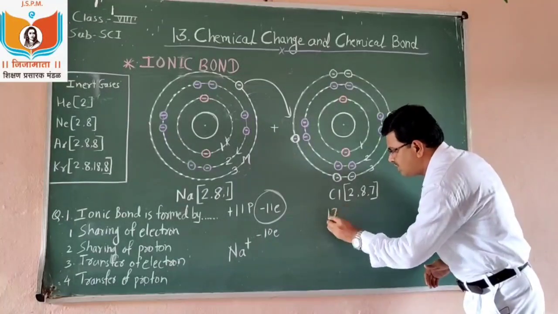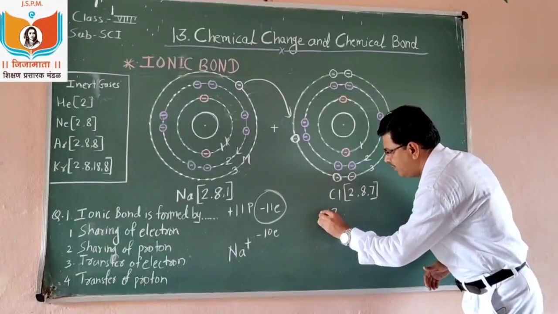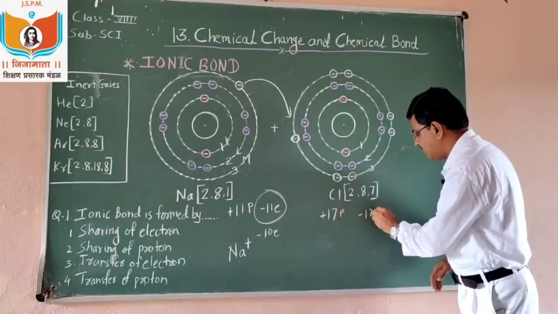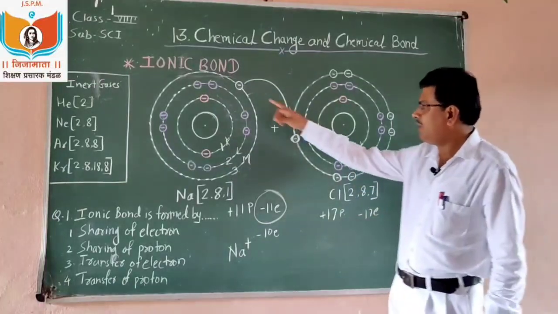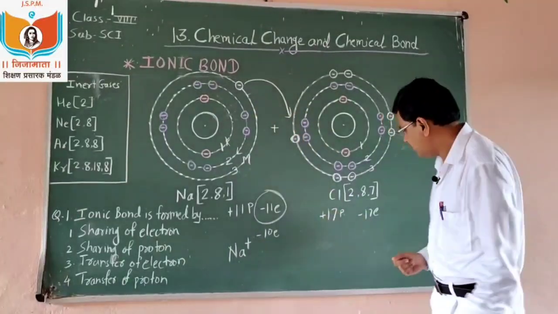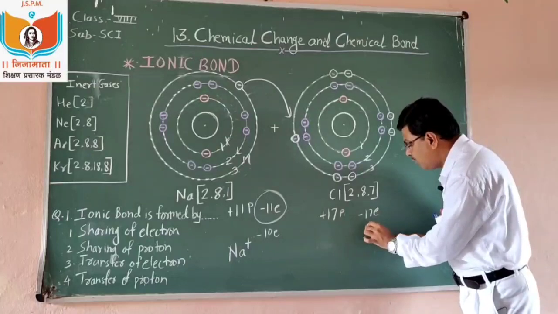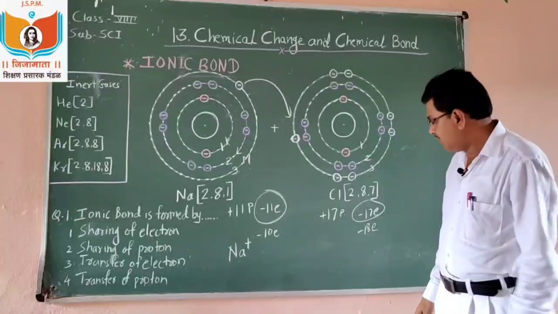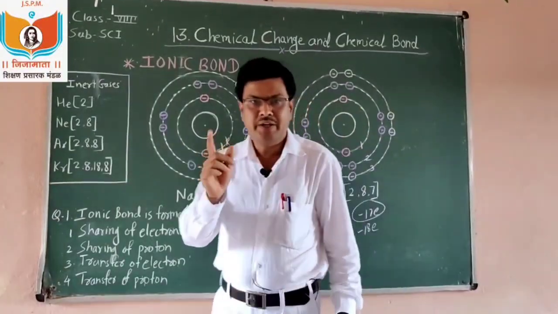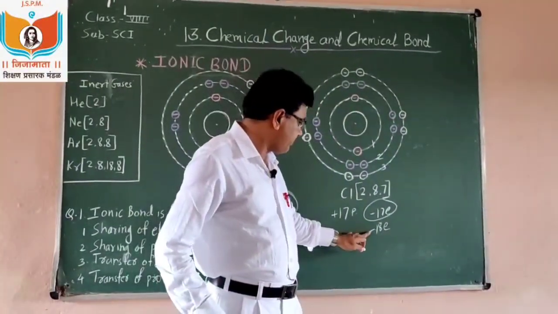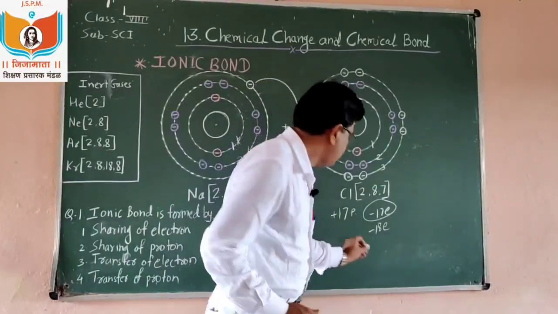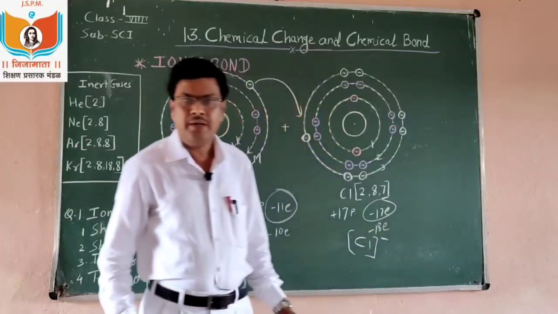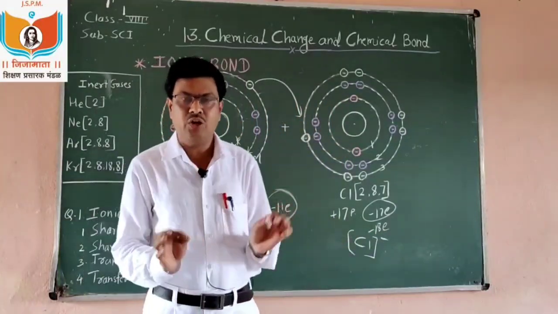The number of protons in chlorine is 17 and the number of electrons is also 17. After accepting one electron from other elements, the number of electrons becomes 18. Now see here, due to one net negative charge, a negative ion of chlorine is formed, and this is called the anion of chlorine.